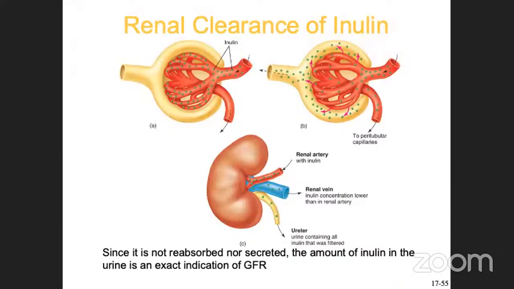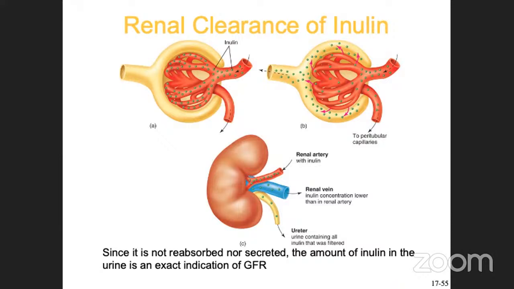This is an example to illustrate the function of inulin, all right, not insulin. Inulin is another analog or molecule, similar to creatinine, but we use inulin to help measure kidney function by determining the glomerular filtration rate. So we use inulin just to measure, right?